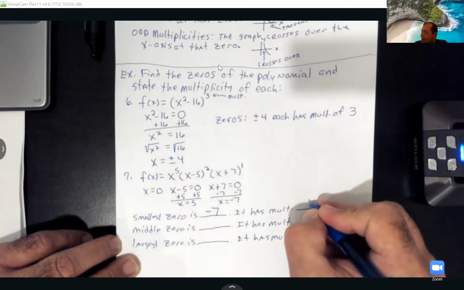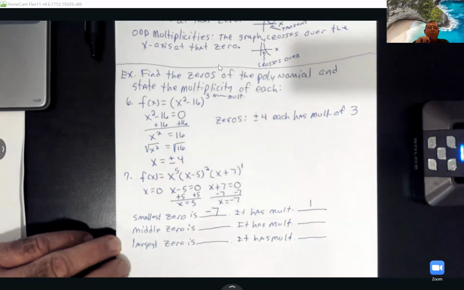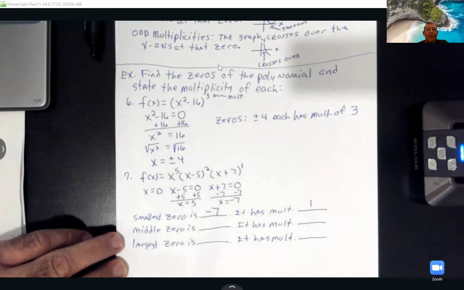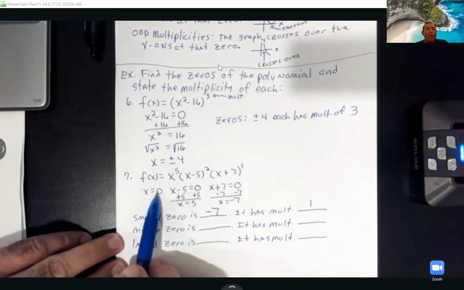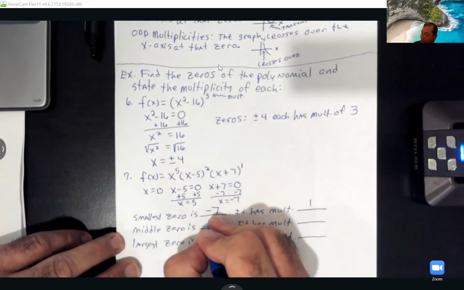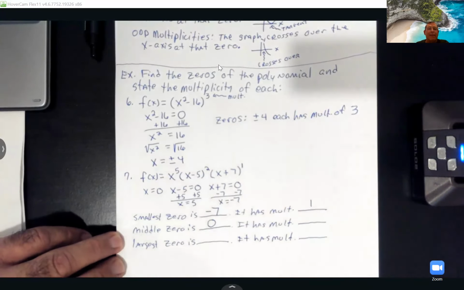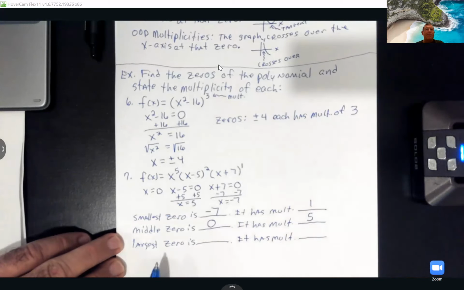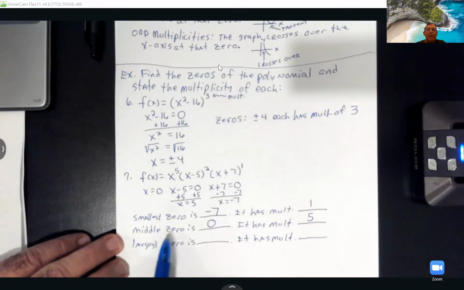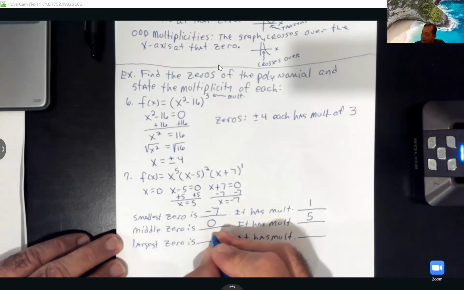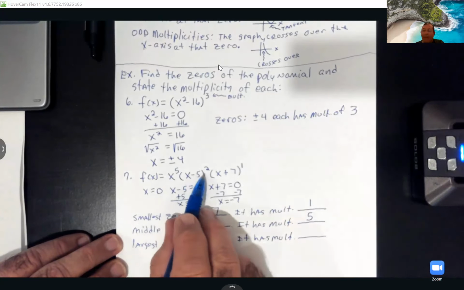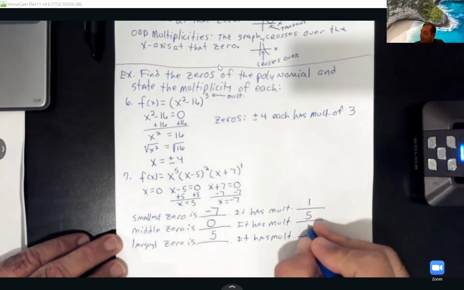So the -7 has a multiplicity of 1. So what's the middle zero? Let's see, the middle zero would be the 0, right? There you go. And what is its multiplicity? So that is definitely a 5. And I guess that means my largest zero is going to be the 5. And it has a multiplicity, let's see, we got that from that factor. So that one had a multiplicity of 2.